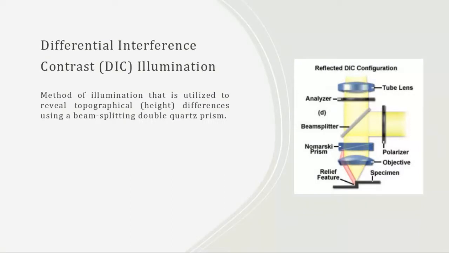And the last one is differential interference contrast. Using this method almost gives you a 3D look at it. What it does is it reveals the topographical or height differences within your sample.